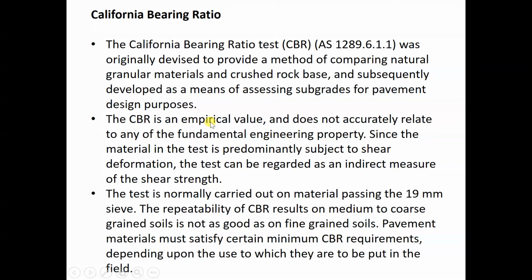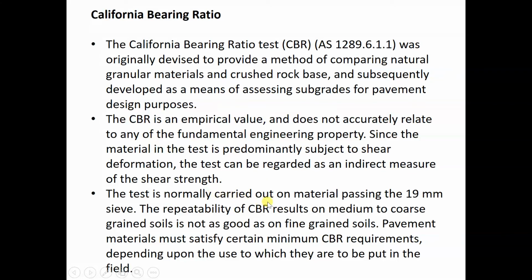Okay, CBR is an empirical value and does not accurately relate to any fundamental engineering property. Since the material in the test is predominantly subject to shear deformation, the test can be regarded as an indirect measure of the shear strength. So it just measures the strength of the aggregate.